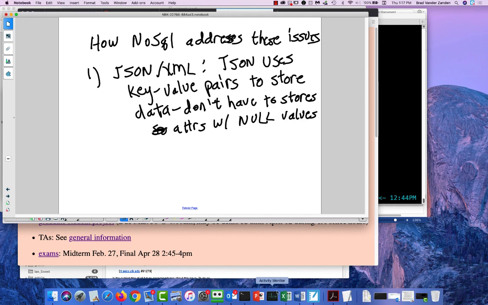But if you had to store a similar document in a NoSQL, you would have to say something like account number, and you'd have to actually write it out and store it, account number and whatever it was. And then you would have customer name, and again you'd have to write it out.